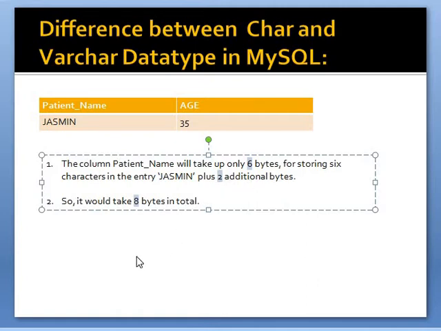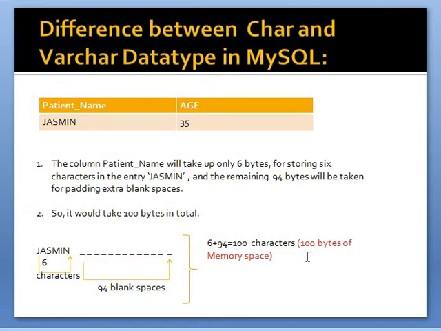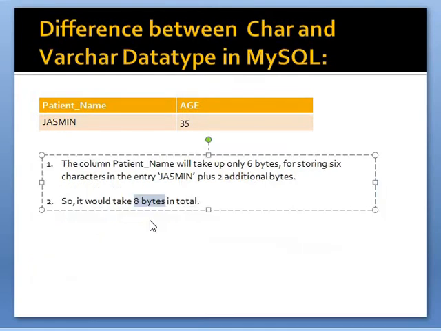So that is an advantage for us, isn't it? Because now instead of wasting 100 bytes of memory space while using the char data type, we are wasting only 8 bytes of memory space using the varchar data type. And that is the advantage of using the varchar data type over the char data type.